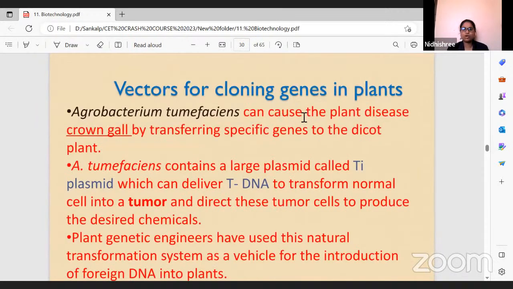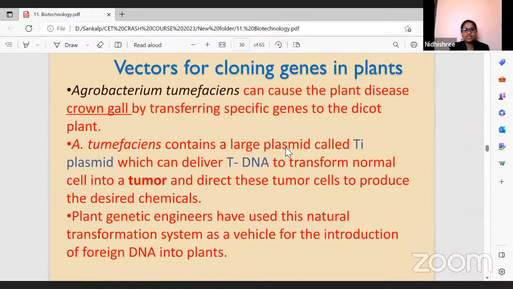Then vectors for cloning genes in plants. Agrobacterium tumefaciens can cause the plant disease called crown gall by transferring specific genes to dicot plants.